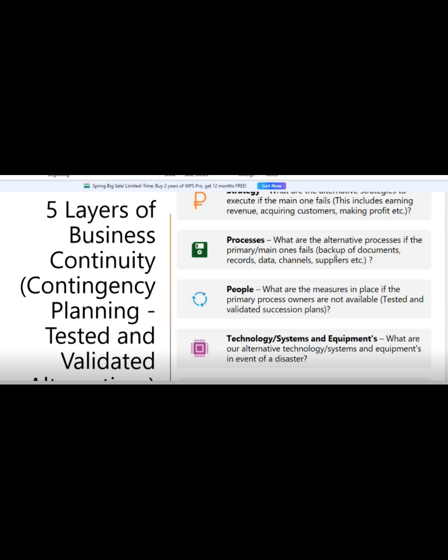So for the strategy, you want to make sure that you have alternative strategies in place in case one fails. We expect that every organization has strategies in place for every scenario. But what happens when one fails? What should we do? What are the plans that must be implemented to sustain our critical functions? And whether we like it or not, there will always be more critical processes than others.